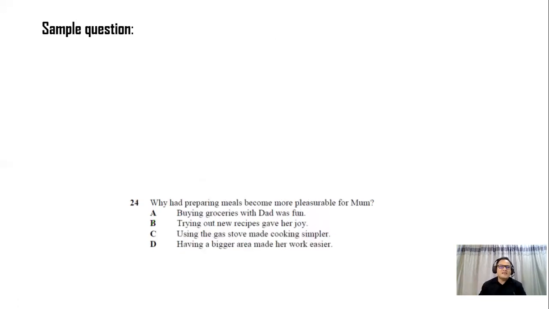Now, let's look at question number 24. Why had preparing meals become more pleasurable for mom? So the keyword in the question is "why," whereby we need to find the reason why preparing meals became more pleasurable for mom.